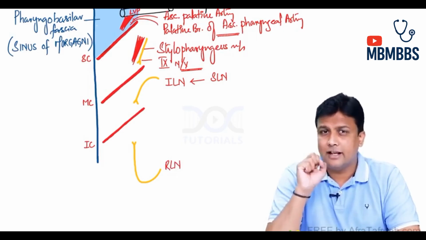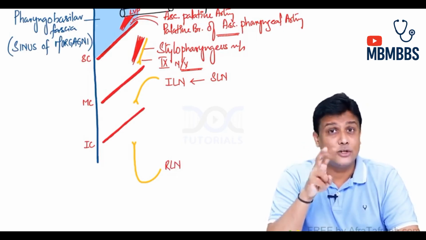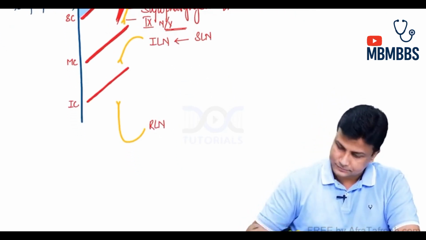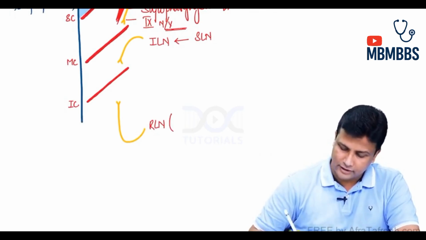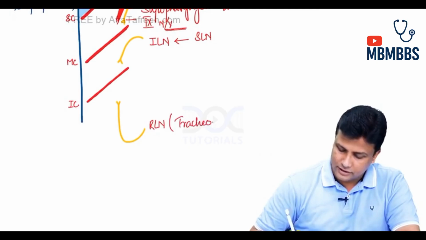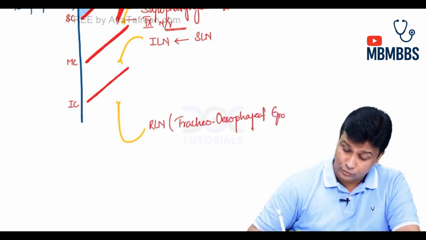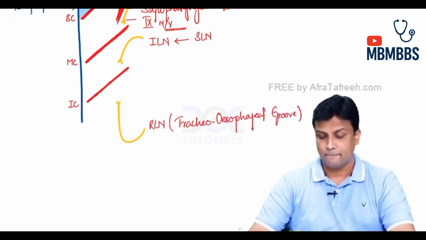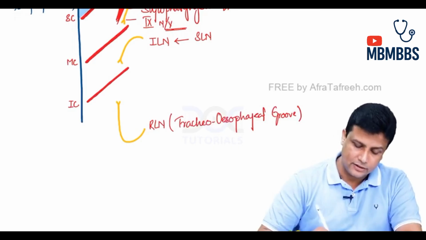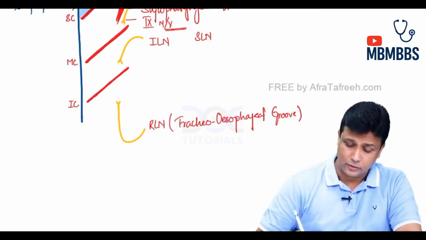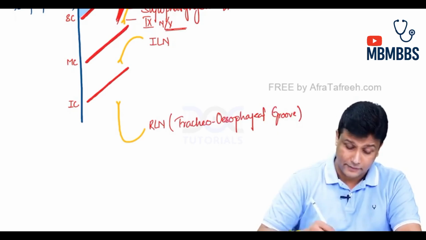So you just try to remember the hint here. Where is that recurrent laryngeal nerve passing? It is in the tracheoesophageal groove. Better you write down the hint there, how to remember. Recurrent laryngeal nerve will be present in the tracheoesophageal groove. And even for the internal laryngeal nerve, if you want to remember the hint, why? Because in the long term, you have to remember many subjects.